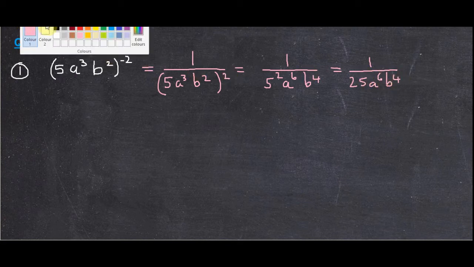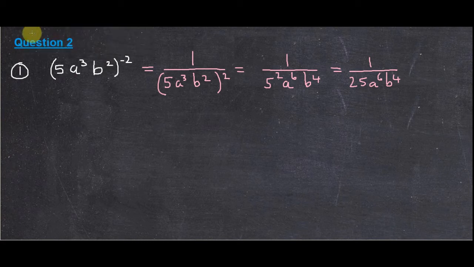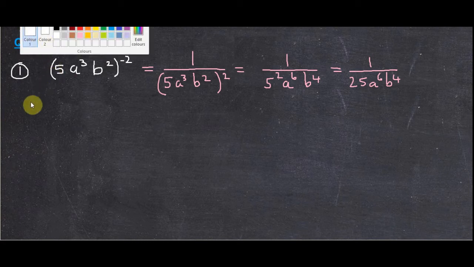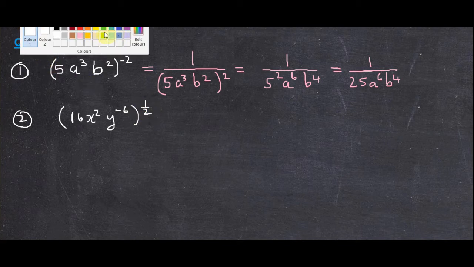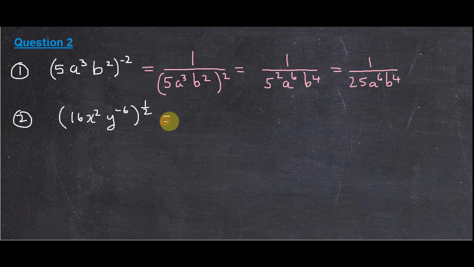Let's look at the second question. So number 2, here we have 16x squared, y to the negative 6, all to the plus a half. We can use prime factors of 16.